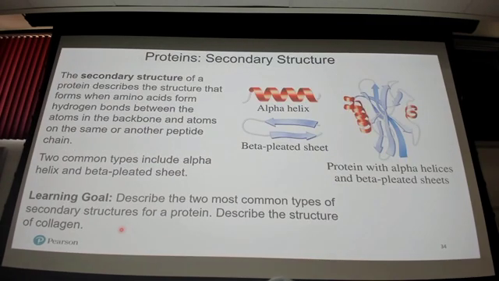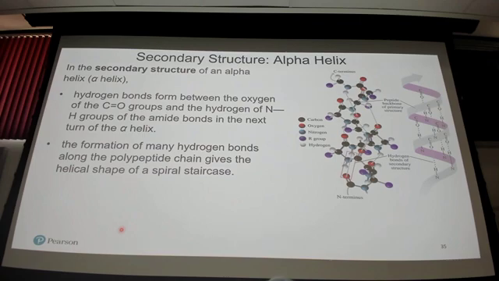Two examples are alpha helix and beta pleated sheet. In both, the C double bond O of one amide group interacts with the NH of another amide group in proximity, through a hydrogen bond.